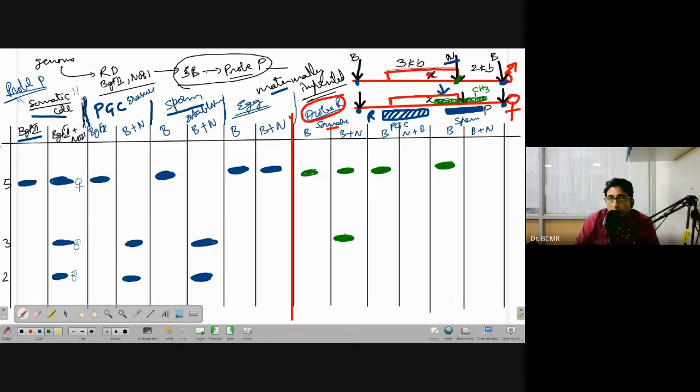We will actually get a 2 kb fragment as well. The only point is the 2 kb fragment that is here will not be detected, because the probe is complementary only to this region. So when you develop the Southern blotting, we will not be able to find this 2 kb fragment.